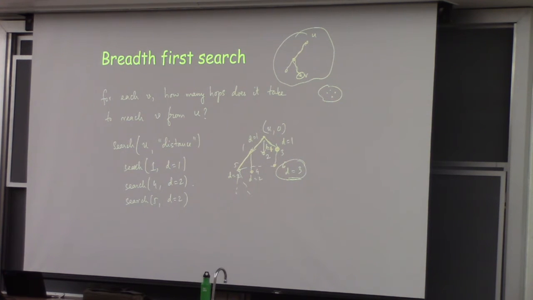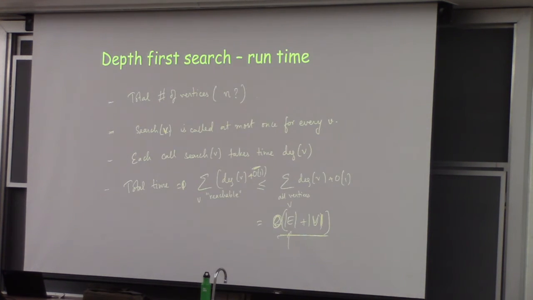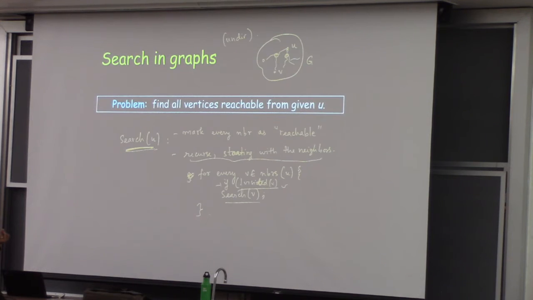So the standard recursion that you are doing, how does recursion work, right? When you make this recursive call here, so this is search of u, it will hand over the control to search of v. And until that function call of search of v ends, you're not going to get the control back to this procedure.